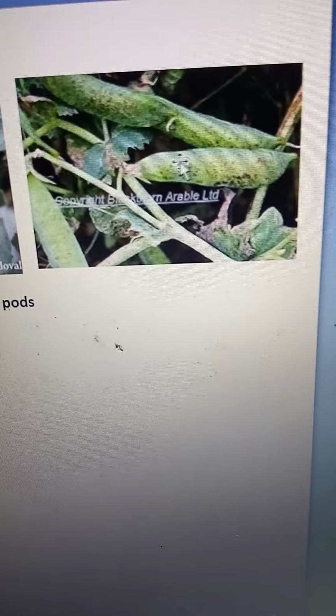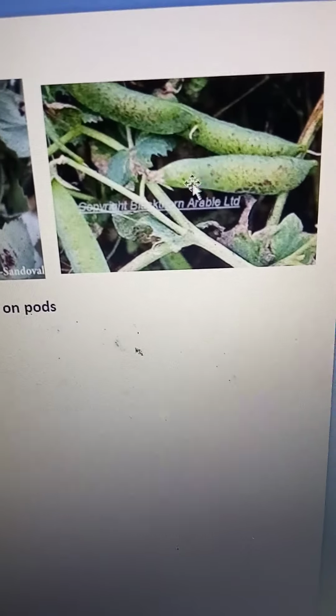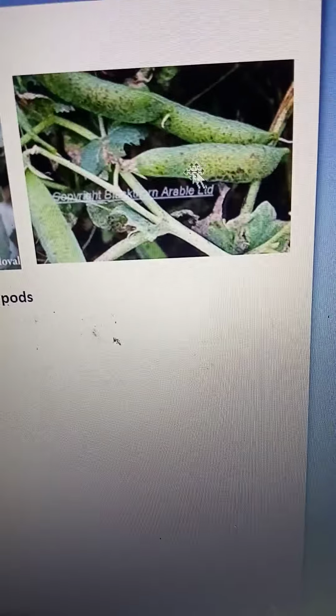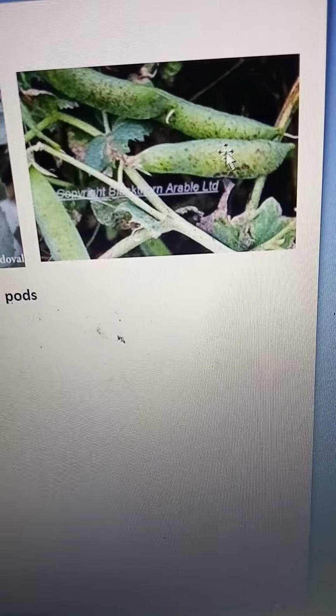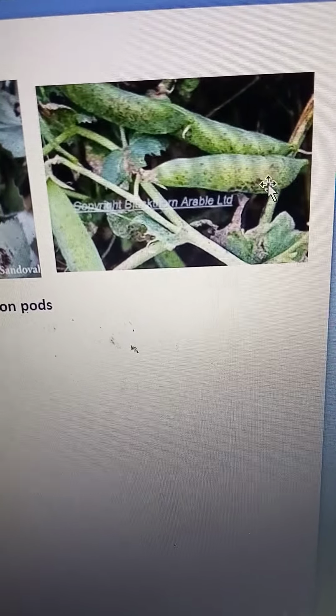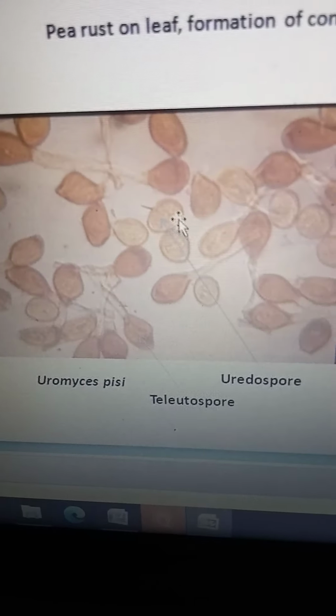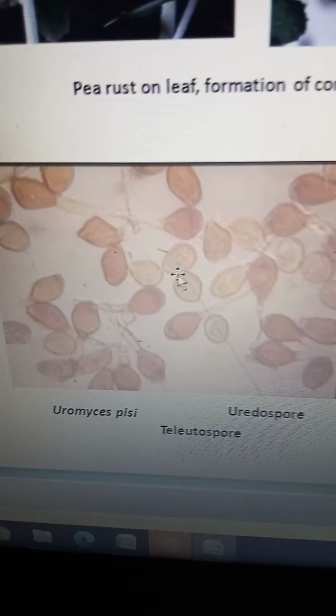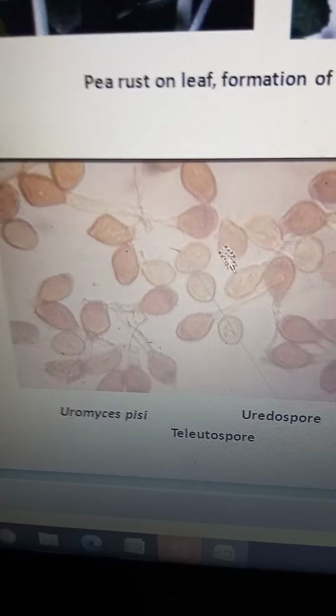And this is the symptom which you will find on the pea fruit. You can find here all orange pustules covering the pea fruit. And this is how the structure will look like under the microscope. There are two different structures you will find here.